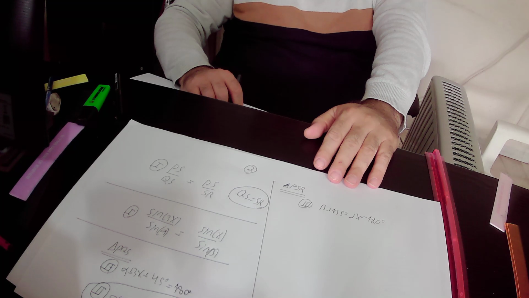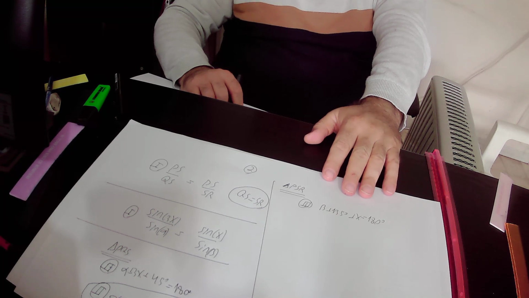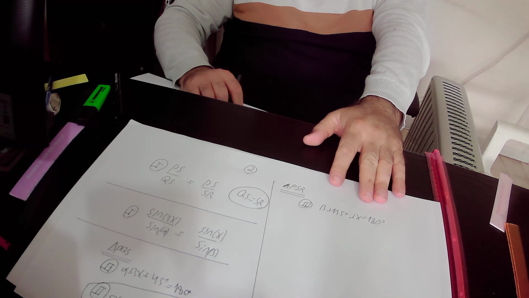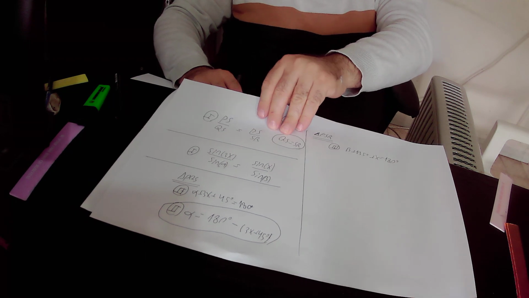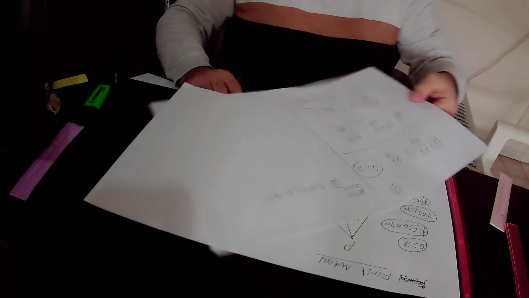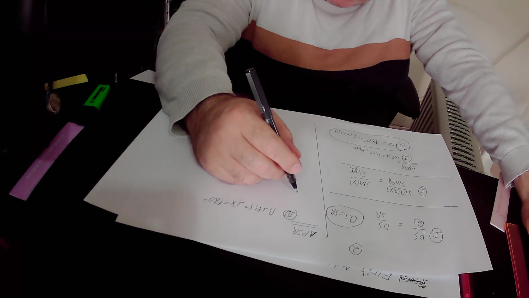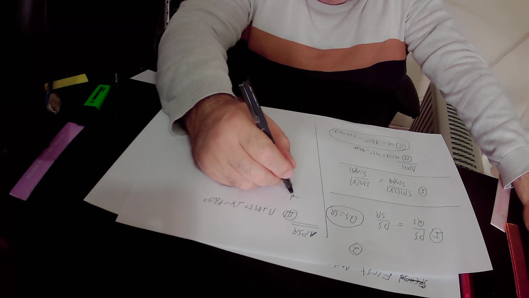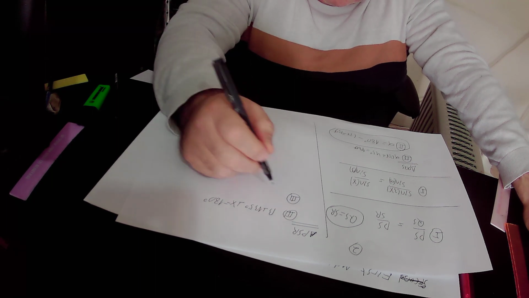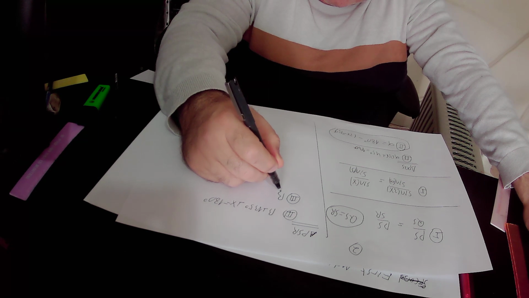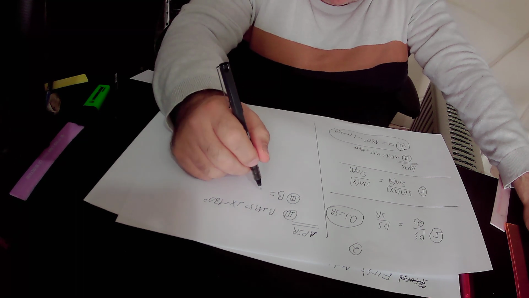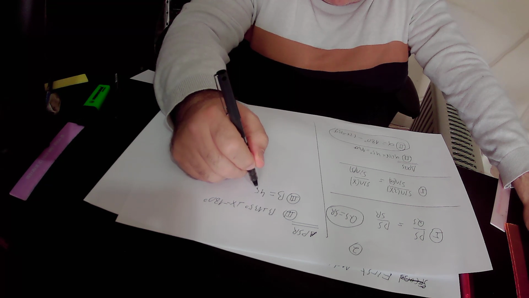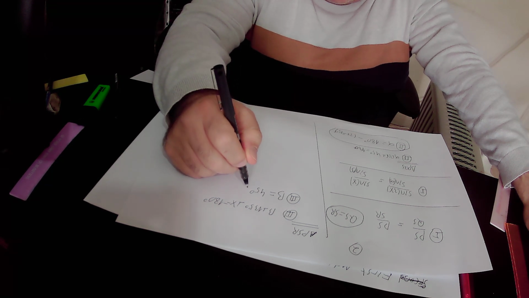Here we will subtract 135 degrees and also x from this equation number 3. We will get that angle beta equals 45 degrees minus x.